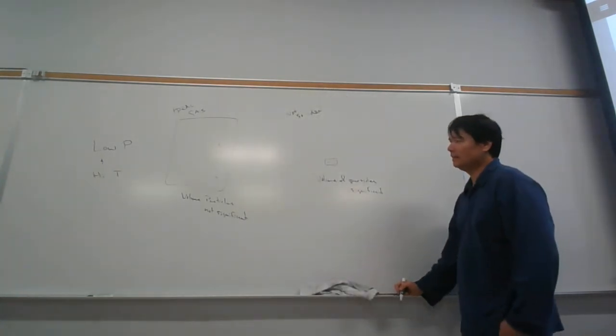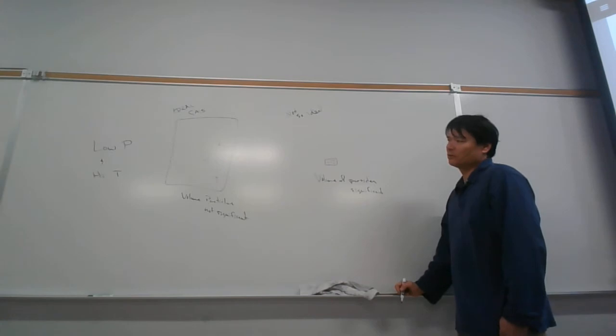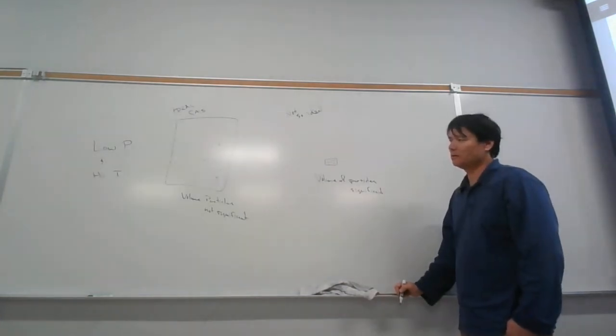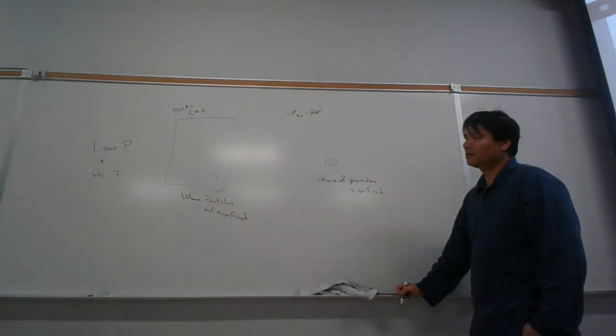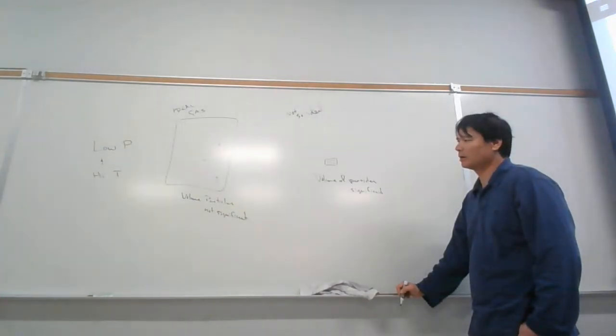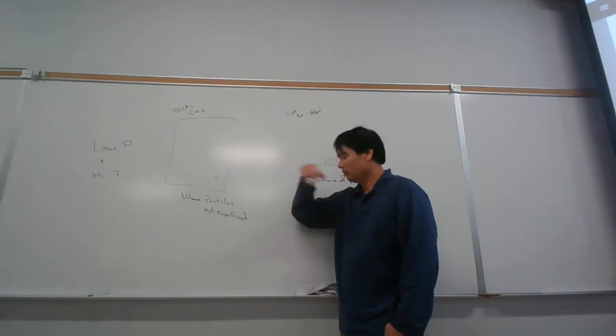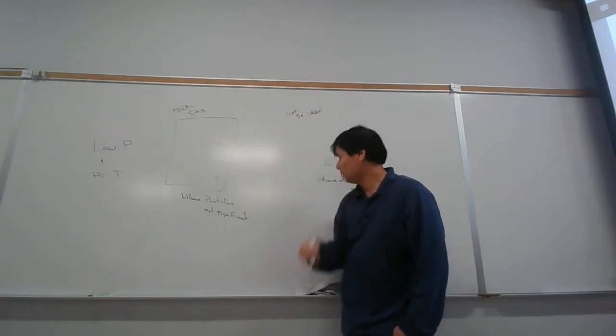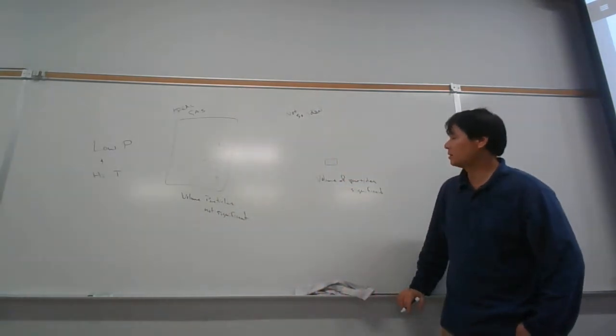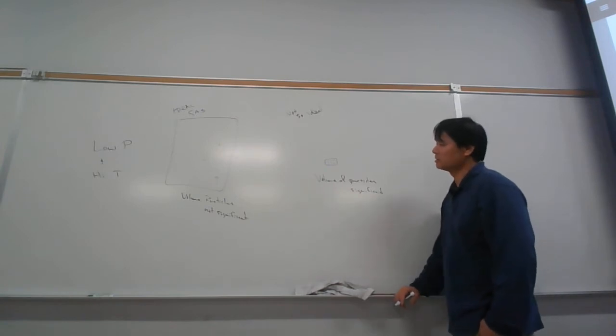So for example, helium, low pressure would be considered 1 atmosphere. And high temperature would be considered anything above 4 Kelvin. But for steam, that changes. High temperature has to be above 100 degrees C, otherwise it's going to liquefy.